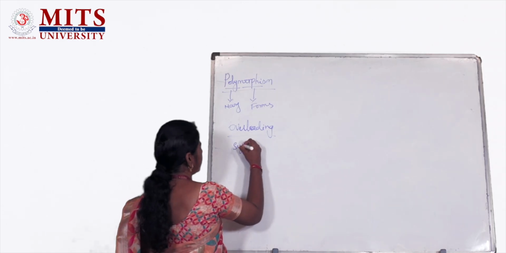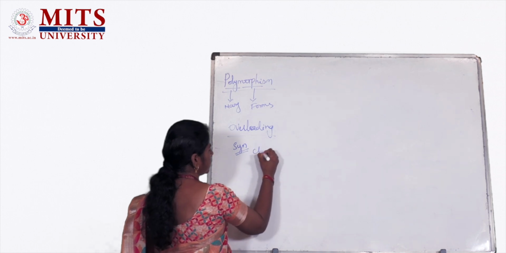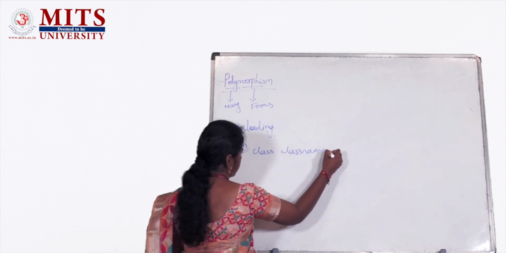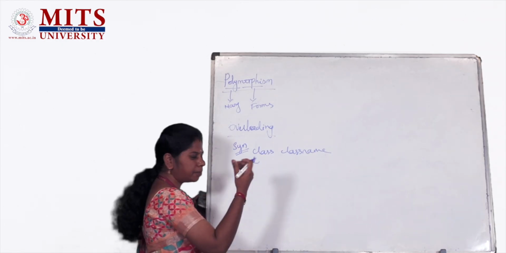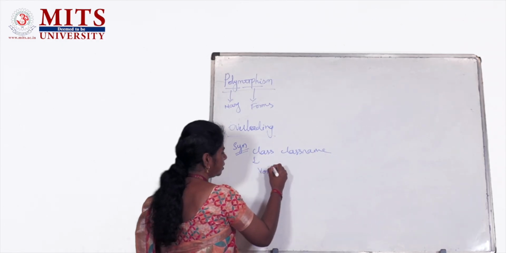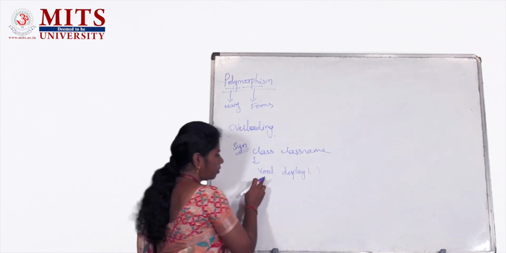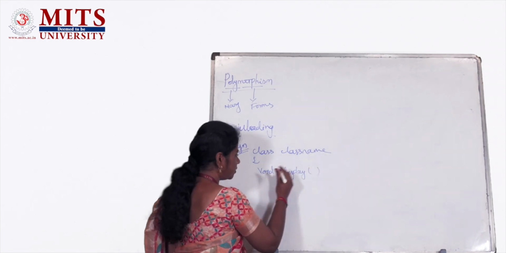Just see the syntax of method overloading. We declare a class, the class name, followed by one method. Just consider void display. Void is a return type and display is a method name.